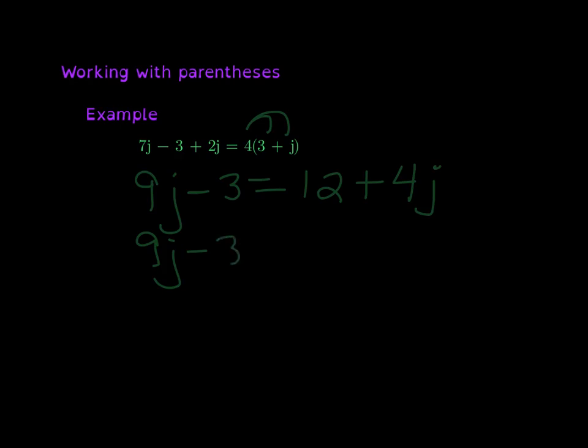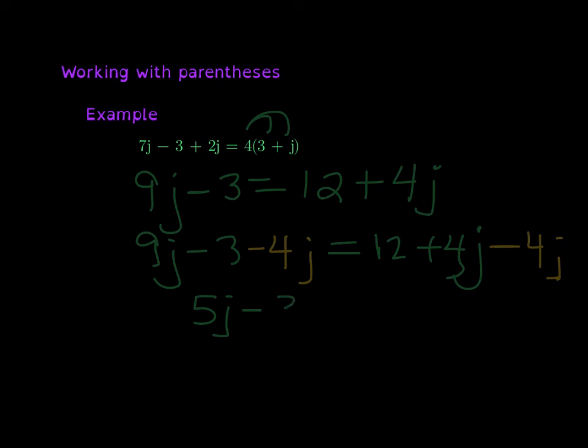To get rid of the 4j, we'll subtract 4j on both sides. And when we do that, we get 5j subtract 3 on the left, and on the right we just get 12.